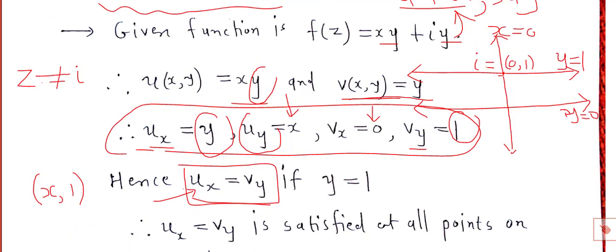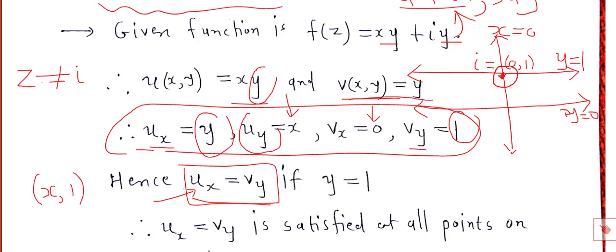Now to check analyticity, at the points which are different from this, the function is not differentiable, so the function can never be analytic at those points. Now the function is differentiable at this point (0, 1). For this point the function is analytic if we can find at least one circle with center as this point i, such that the function is differentiable at every point. But it is impossible.